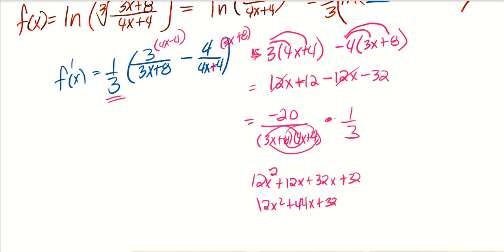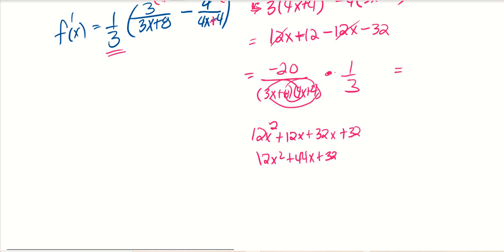Okay? Now, looking at this, is there anything that we can factor out of 12x squared plus 44x plus 32? I would say a 4. So I would look at this as negative 20 over 4 times, I'm factoring out a 4 because I want to reduce it all the way. So 4 comes out of that.